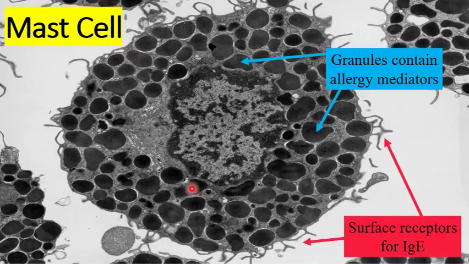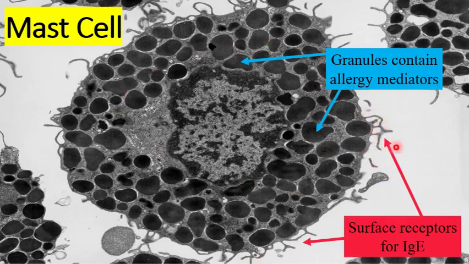This is the electron microscope of mast cell, which contains many granules containing allergy mediators. All of these vesicles around the cell are granules. These granules contain allergic mediators. Okay, what is this on the surface?